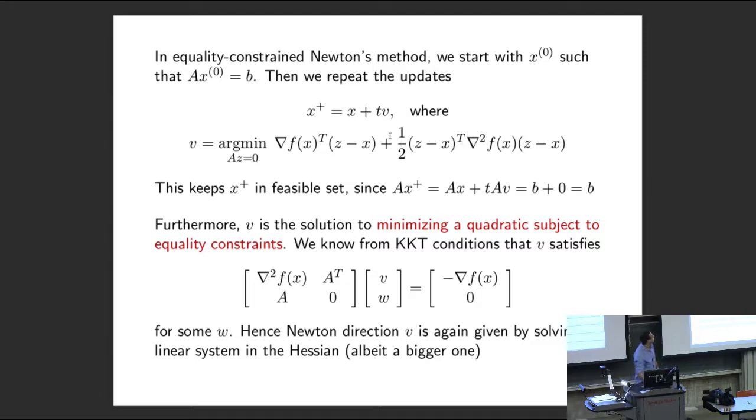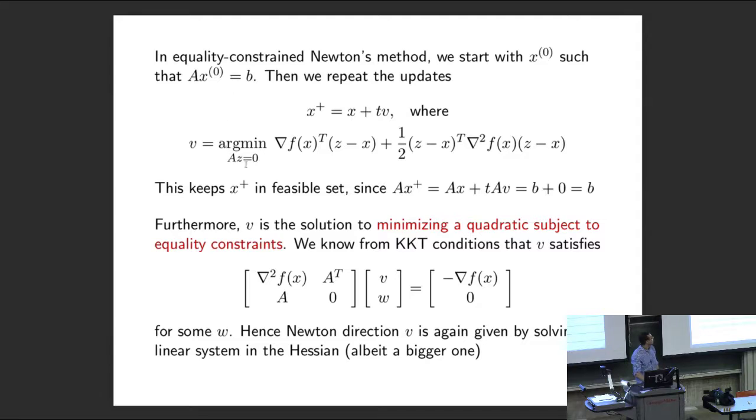For equality constrained Newton, it's just a very small change. First, we're going to start with a point that's feasible, some point that satisfies the constraints, A x0 equals b. Every step v we take from the first iteration on, we're going to make sure has the property that A times v equals 0. So we're adding something to our iterates that has zero product with A, and our iterates always satisfy the constraint A x equals b.